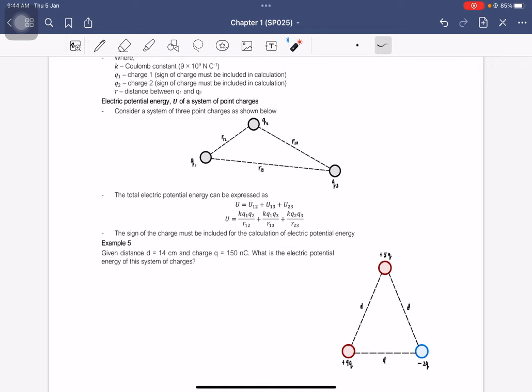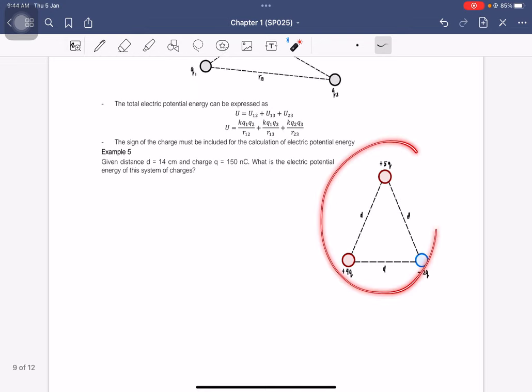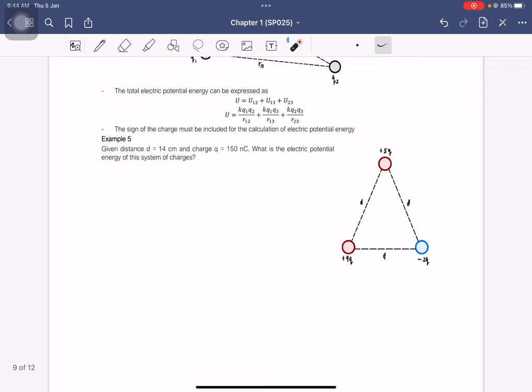Okay, so let's try to apply this to example number 5. Remember, the sign of the charge must be included for the calculation. For this one here, I'll let this be Q1, Q2, Q3.